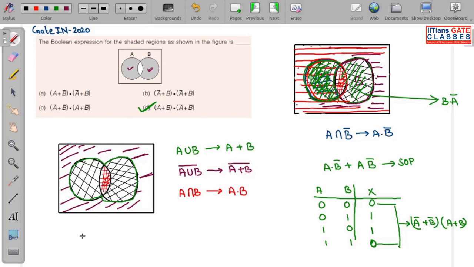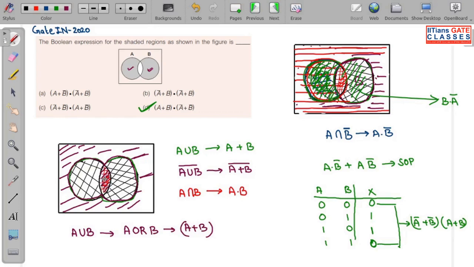Very simple. Look very carefully. What should I write for this area? I have already told you, this whole complete area is my A union B, or I can write A or B, or A plus B. Now what is this region?